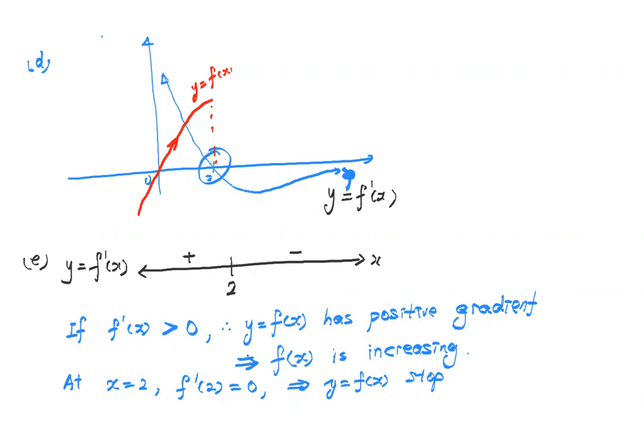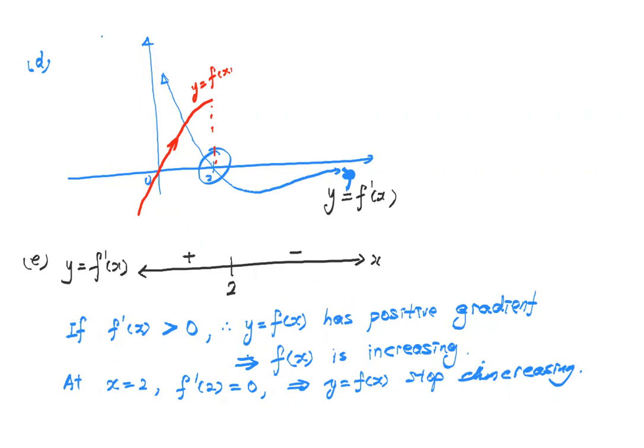Stops changing, we put it. Stop increasing, okay? So that is what we call a stationary point. So from the sign diagram of f prime x, I know the x coordinate of the stationary point of f x. Agree? So you better watch this video again and again.